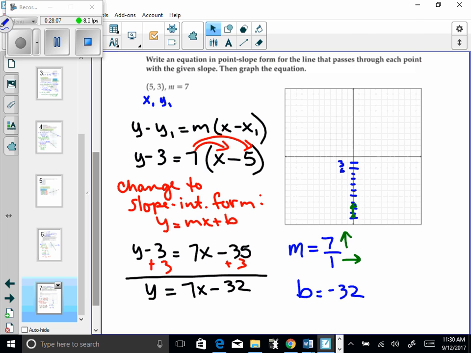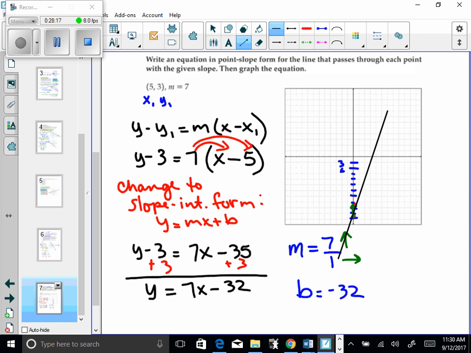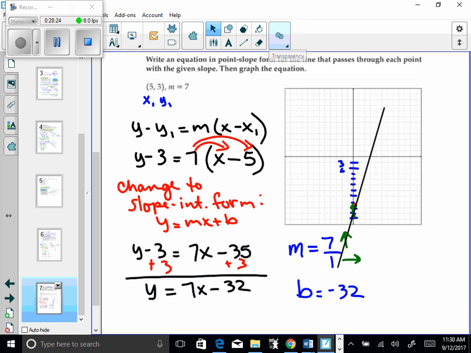Have a point right there. I'll do it in red so we can see it a little bit better. So here's one point and here's another point, and I'm going to draw a line through those. And there's my equation.